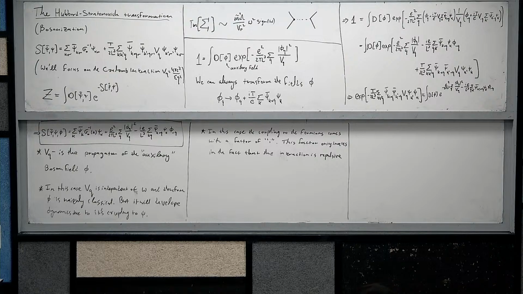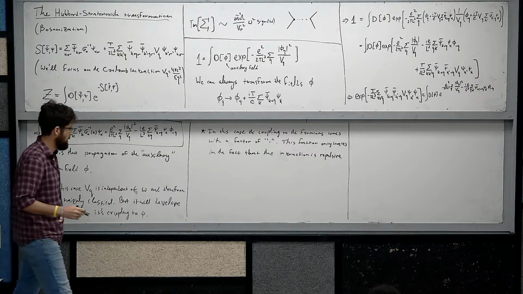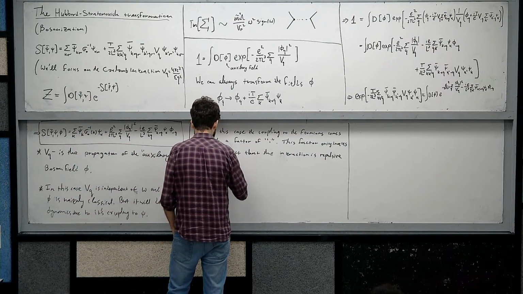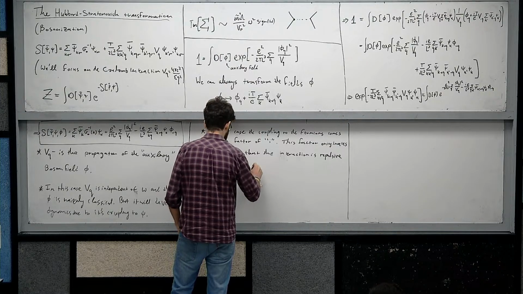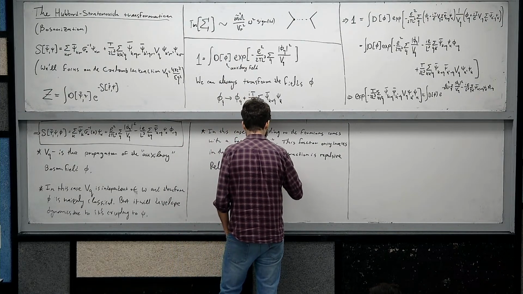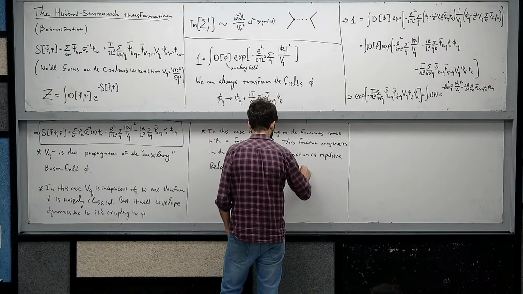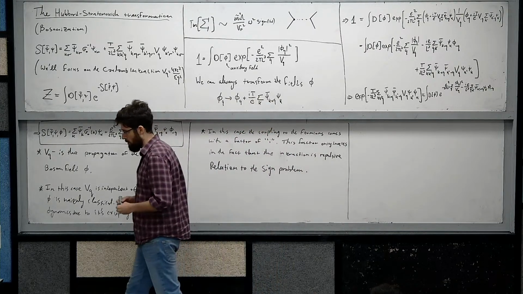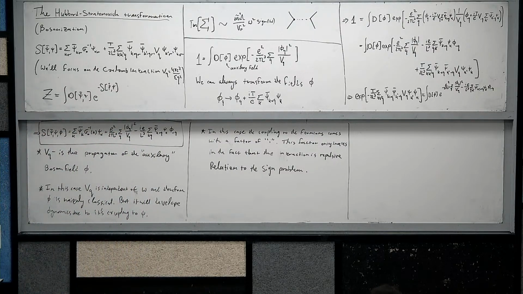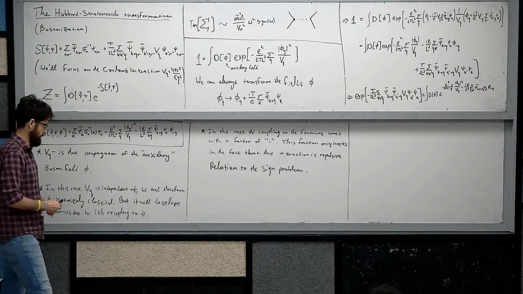Maybe he'll get back to it, in trying to perform integrals in the complex plane that can deal with this issue. This is a big open question, but I think it's a very deep issue. The fact that for a repulsive interaction the bosonic action that you get is complex is known as the sign problem.